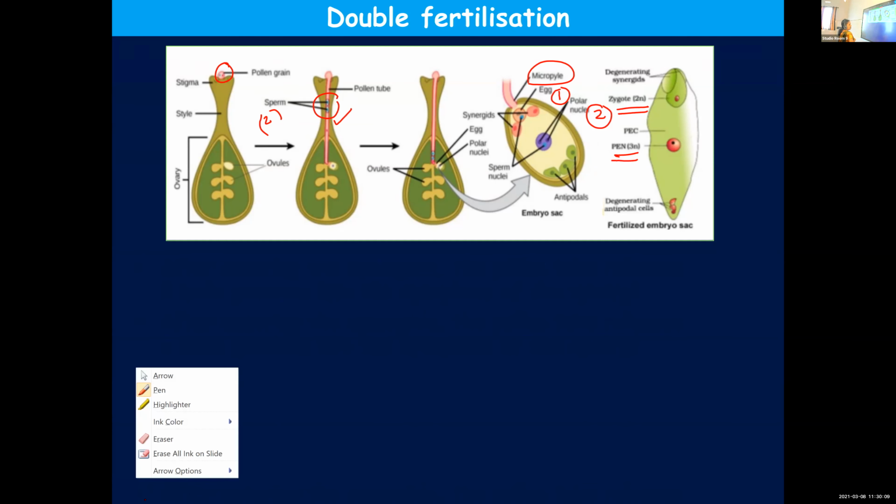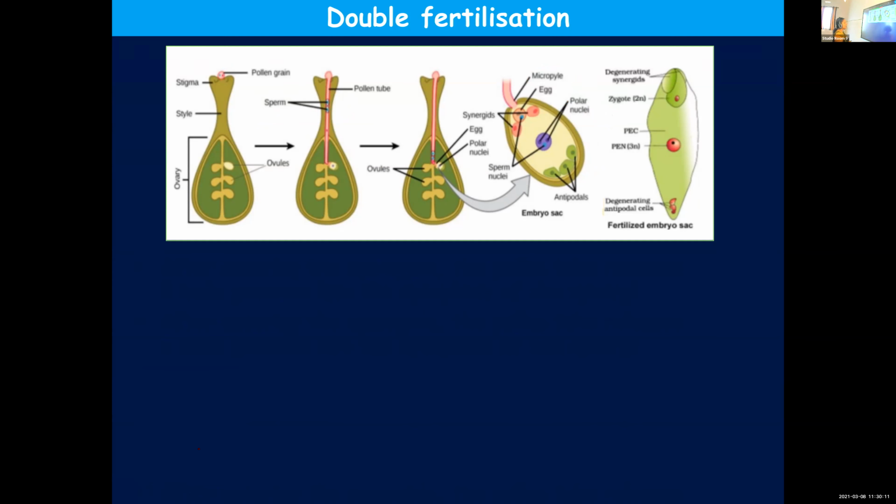I'll repeat it once again. Each pollen grain consists of two male gametes. Pollen lands on the stigma and germinates, and once the pollen tube is formed, the contents of the pollen are transferred to the tube.